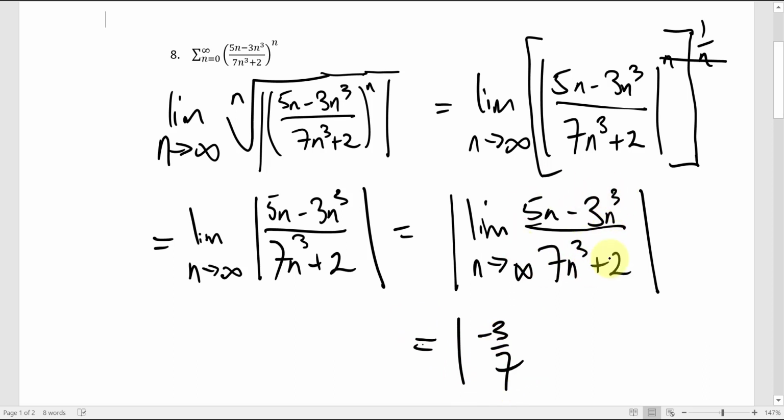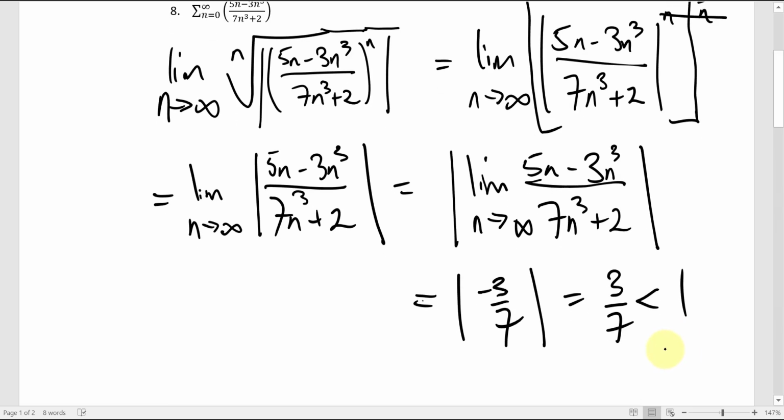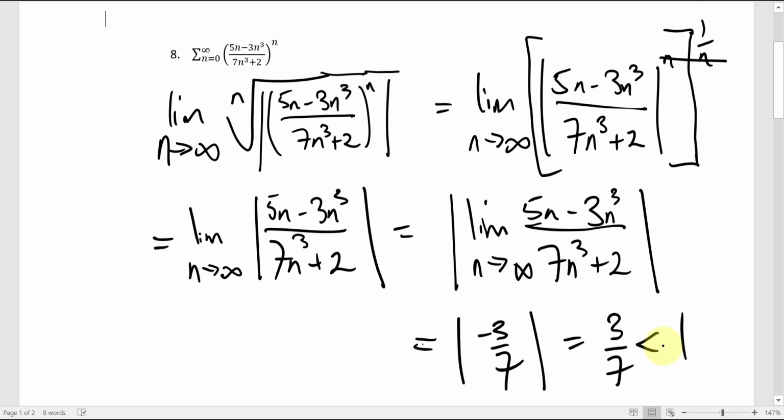So the limit is the ratio of those coefficients, negative 3 over 7, but within an absolute value. That's the limit, and of course it is less than 1. With the root test, you'll always get a positive limit because you always take an absolute value, and you get a value less than 1. So the given series converges.